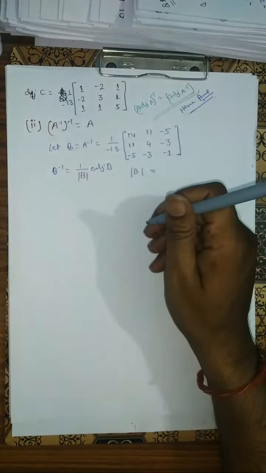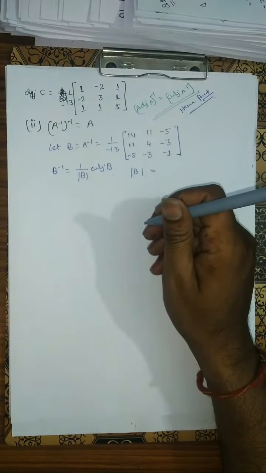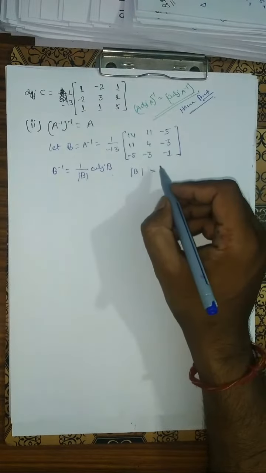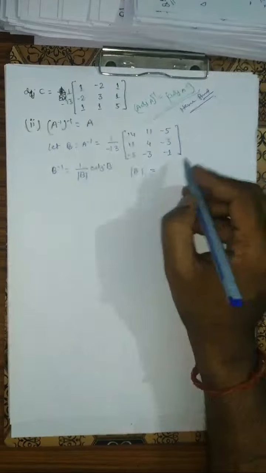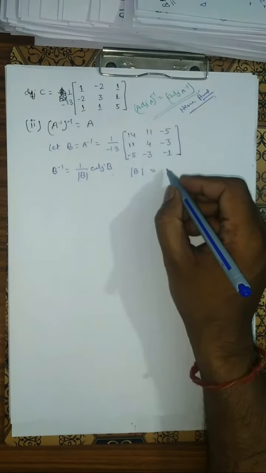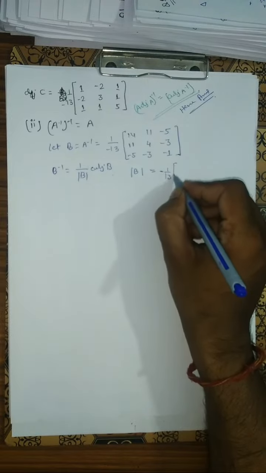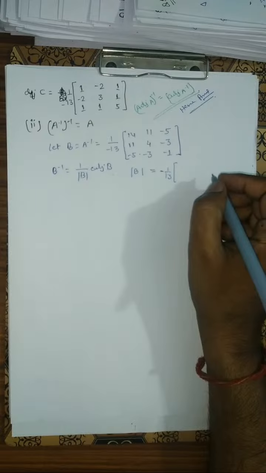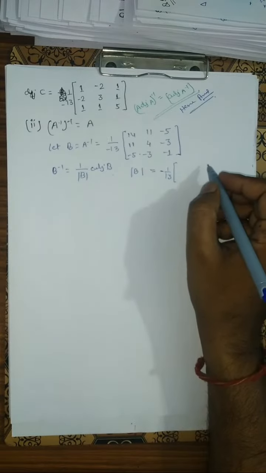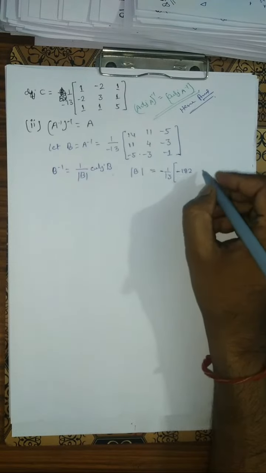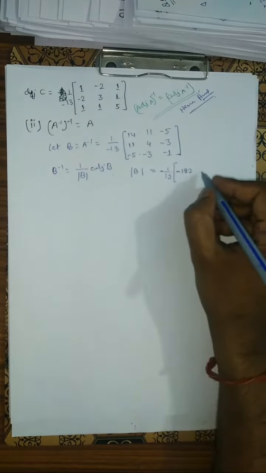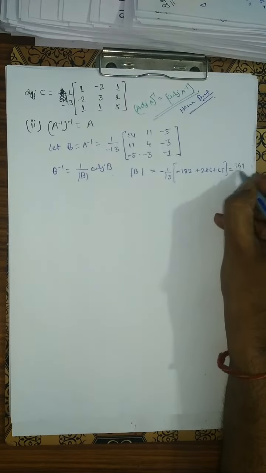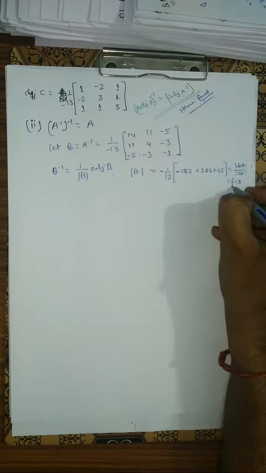Determinant B is minus 1 by 13, 14 into minus 4 minus minus plus, so minus 9 minus 13, that's why बच्चों minus 182 plus 11 into, so 286 plus 65, that's why बच्चों 169 upon minus 13, so minus 13.